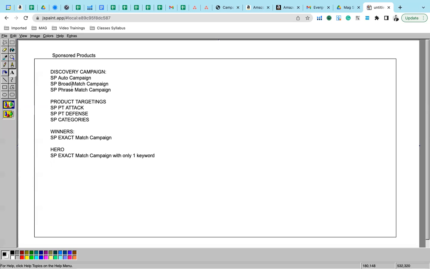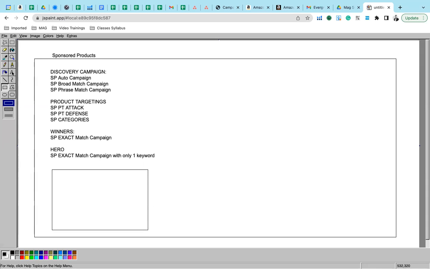When you're doing broad match, you have a target that's actually a group of keywords, because broad match can mean many variations. You don't say keyword variations, you say search term variations. So those three campaigns have a lot of search terms inside of them.